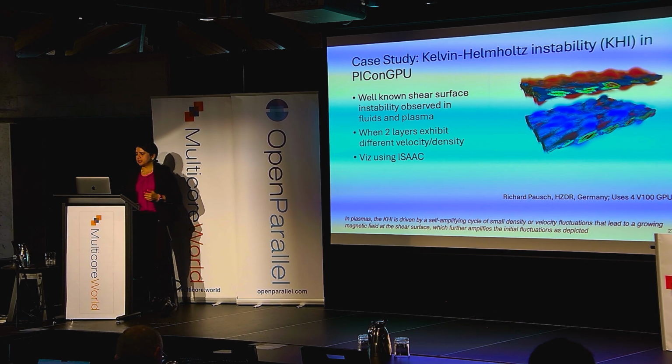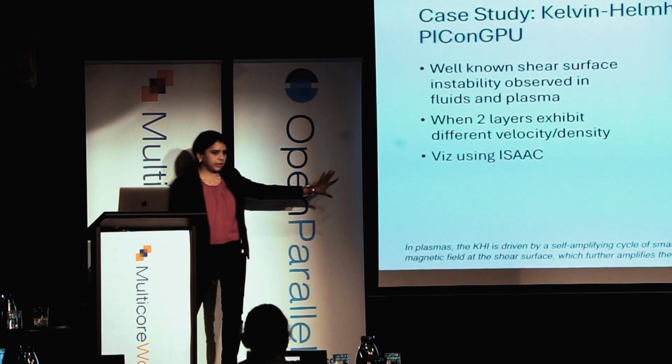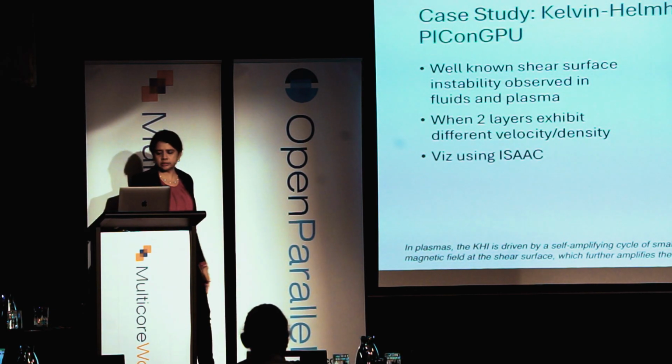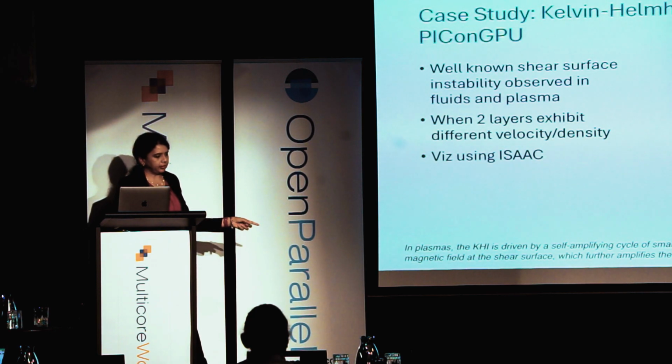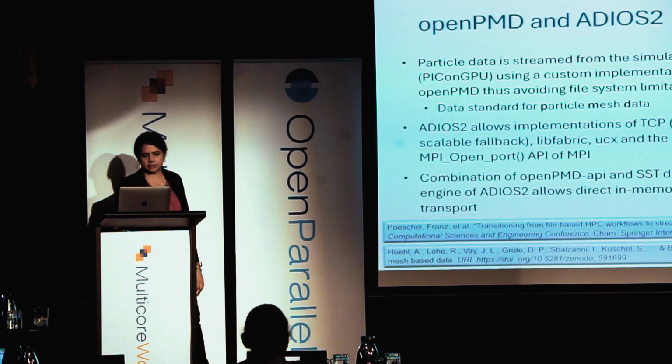So we chose this as a case study, and all the visualizations are via this ISAAC tool, open source, running on both NVIDIA and AMD GPUs. Hats off to Richard, who is also at HZDR Germany, who is reproducing these visualizations on both AMD as well as NVIDIA GPUs.